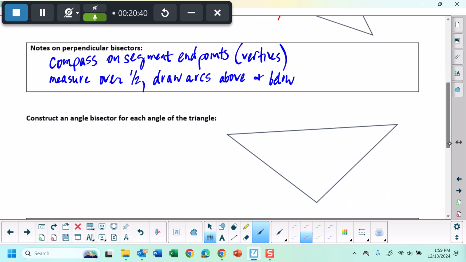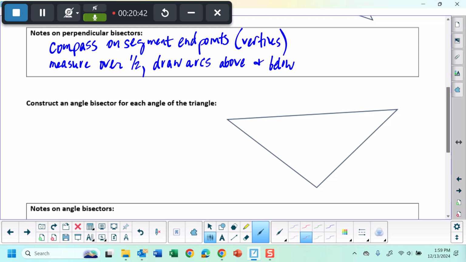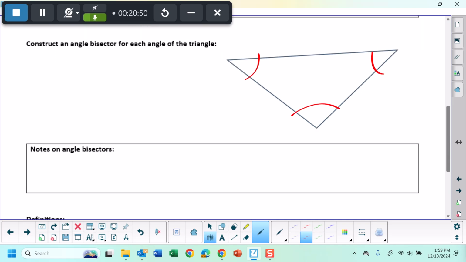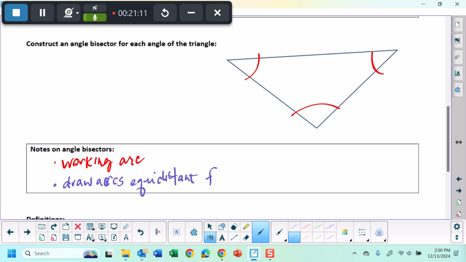When we're talking about angle bisectors, you should always start with your working arc and making sure that that working arc provides you with two intersections to draw arcs equidistant from your angle sides.